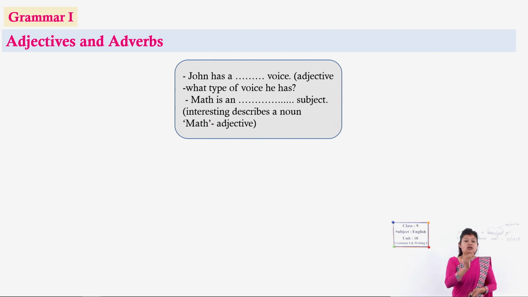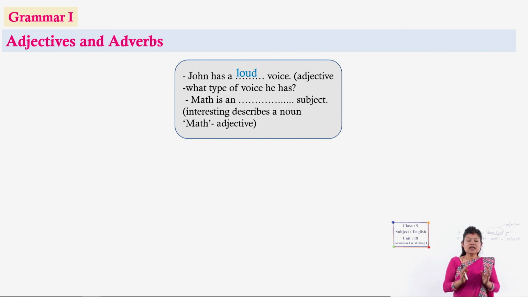So let us look at more examples here. John has a ... voice. Which word may fit here? Think for a suitable word. John has a ... voice. So loud voice or a small voice, or soft voice. I chose loud here, no problem, any quality of voice.